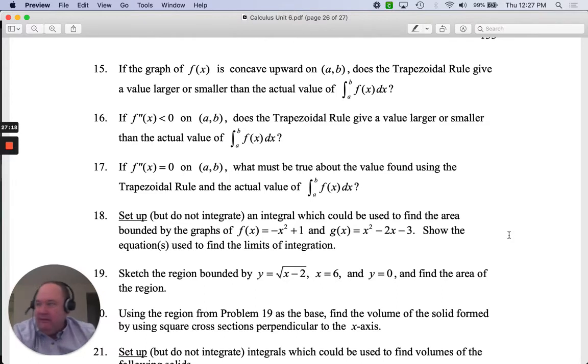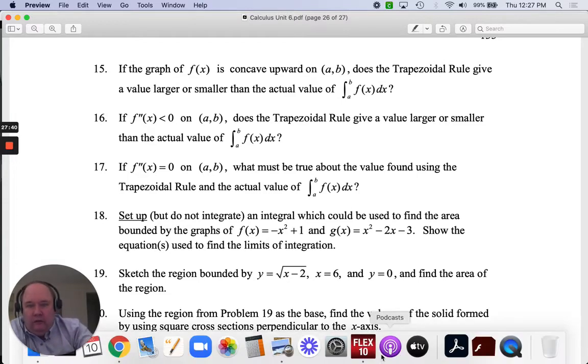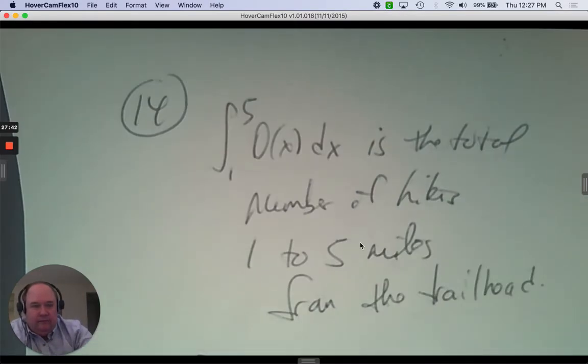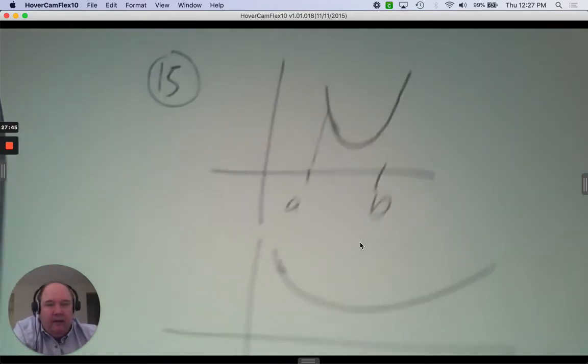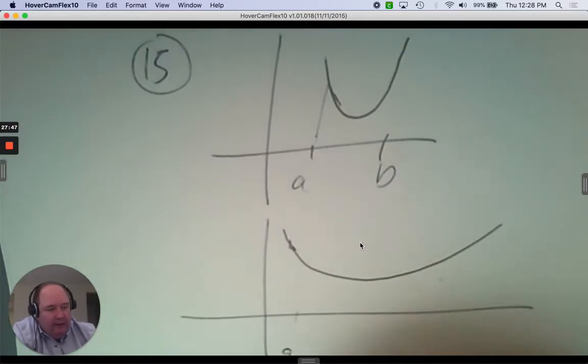And the answer is, for number 15, if it's concave up, I'm going to actually draw it a little different here, so you can really see it. So here's something concave up from A to B.